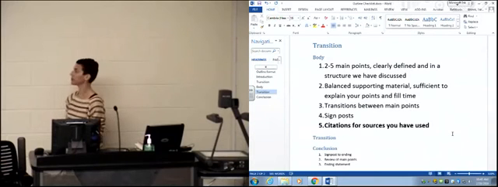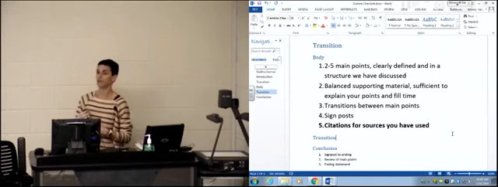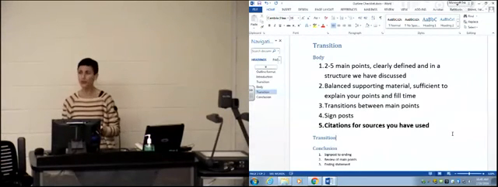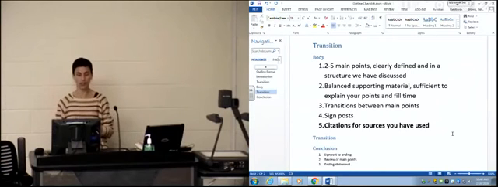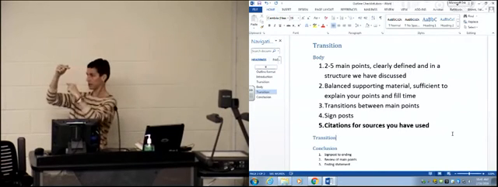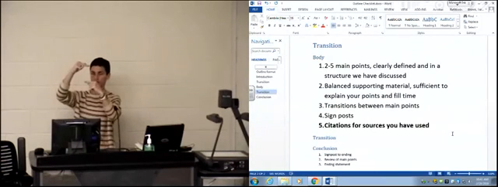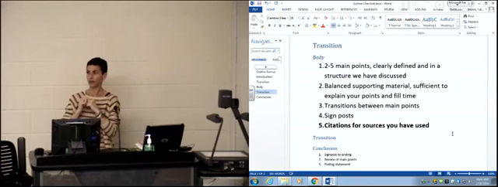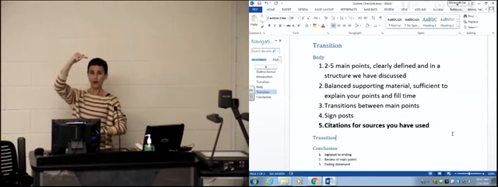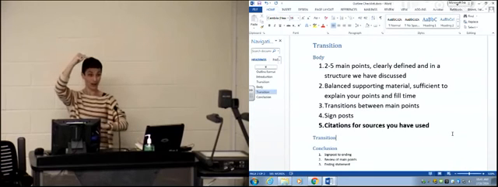What I want for you to do, and we're going to look at number 2 here, is balance supporting material sufficient to explain your points and fill time. So if you have 3 points, for example, on your outline, and point number 1 takes up this much space on your paper, and point number 2 takes up this much space, and point number 3 takes up that much space, then it's probably not very balanced, right?